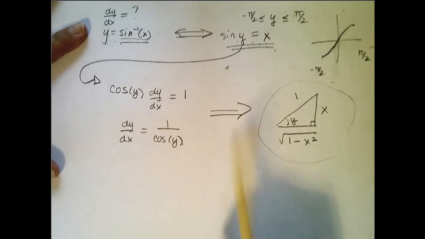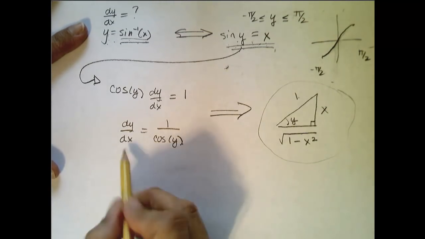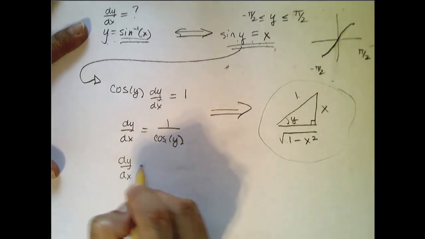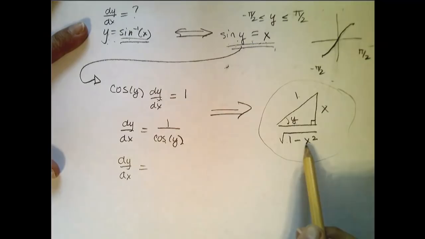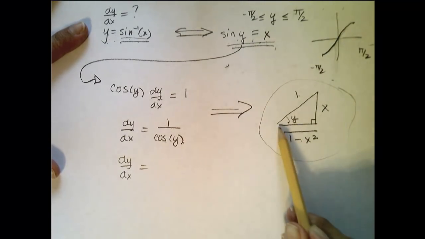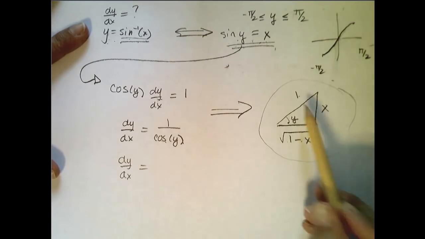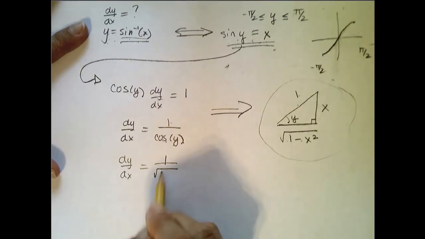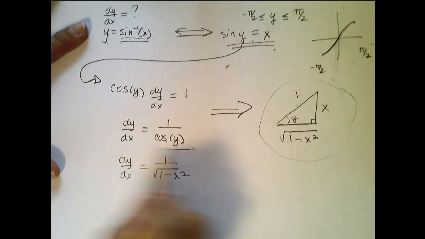All right, so I can now talk about the cosine of y, in dy/dx, in terms of this triangle. Cosine of y is adjacent over hypotenuse, so this over 1. And so 1 over that is 1 over the square root of 1 minus x squared.